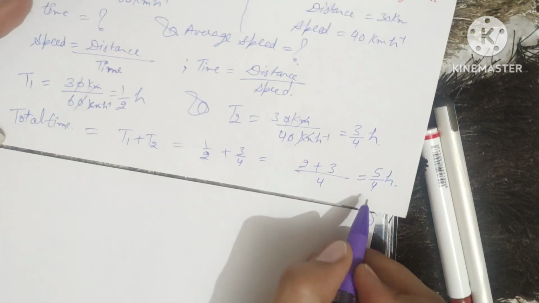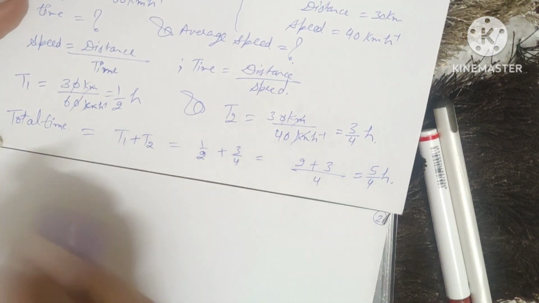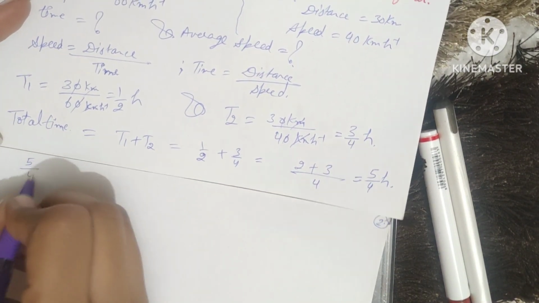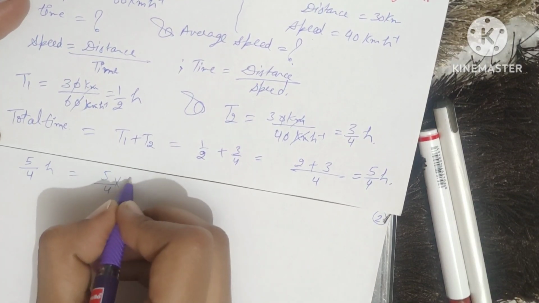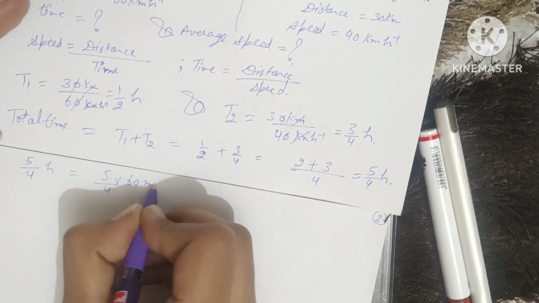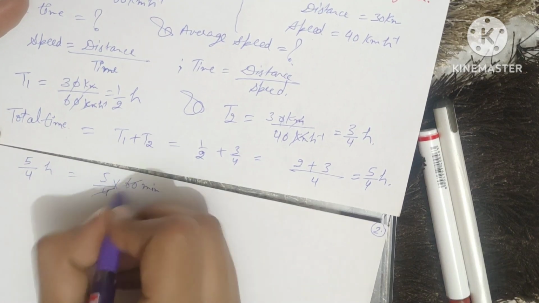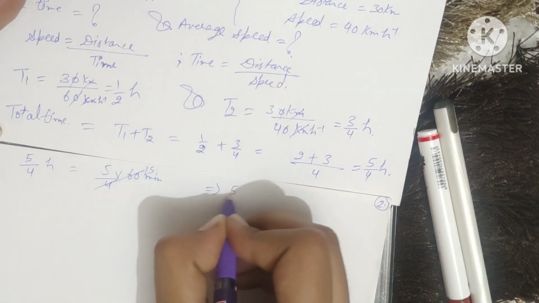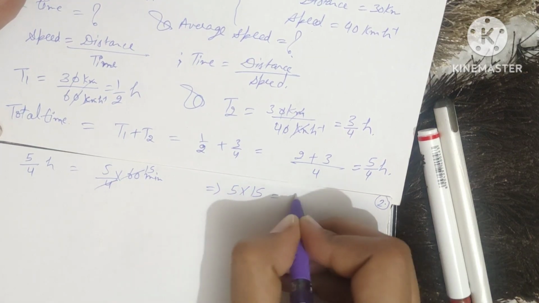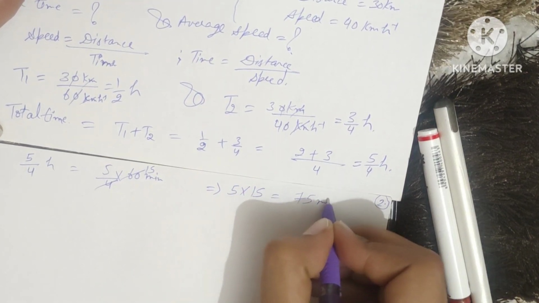Now this answer, if you want to convert into minutes also, you can. That is 5 by 4 hour is equal to 5 by 4 into 60, because 1 hour is equal to 60 minutes. So after cancelling, we will get the answer in minutes as well.